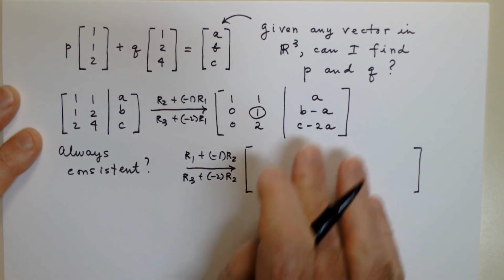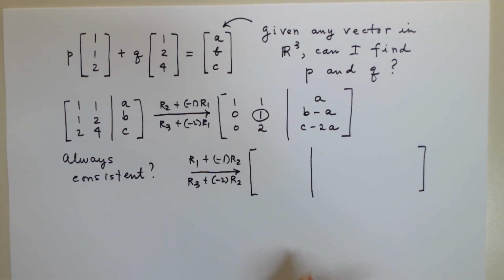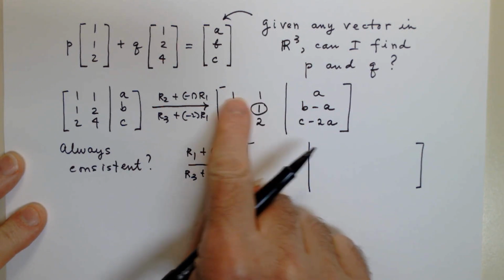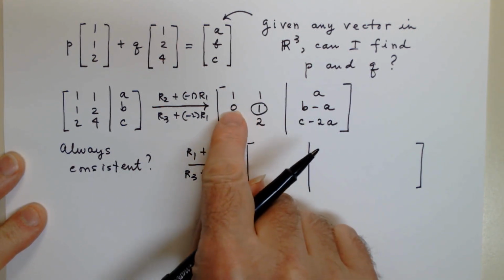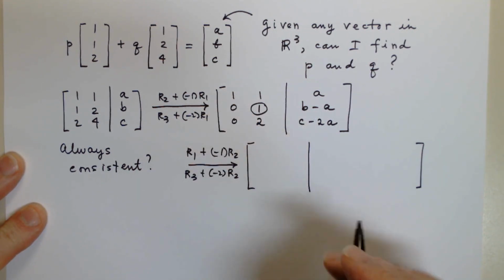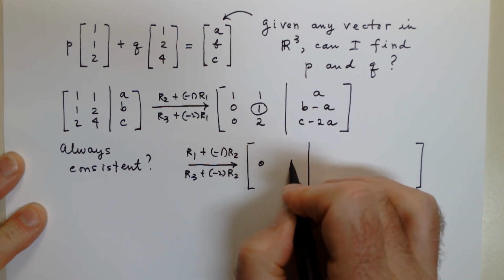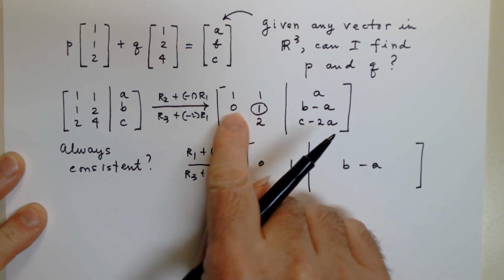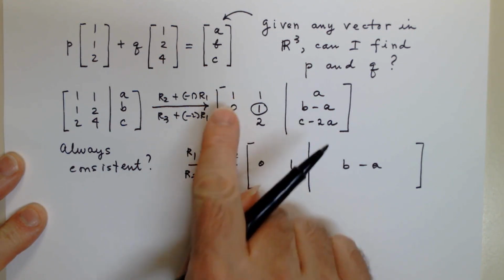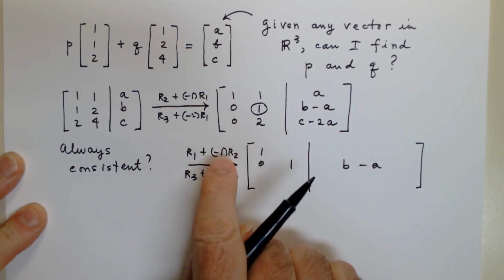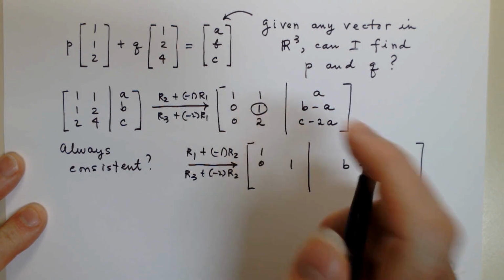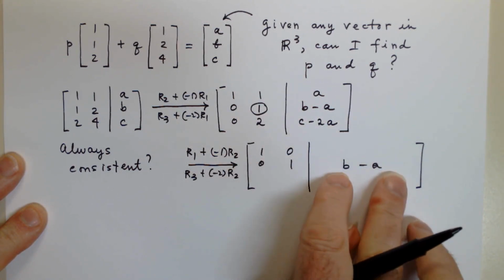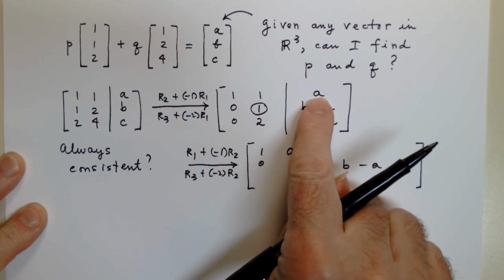All right, let's take a look at row 1 first. What's the effect going to be? I'm multiplying by -1 and adding up, so that's not going to change. That's still going to stay as a 1. This will become a 0. Now remember, I have to multiply by -1 and add that on to a.